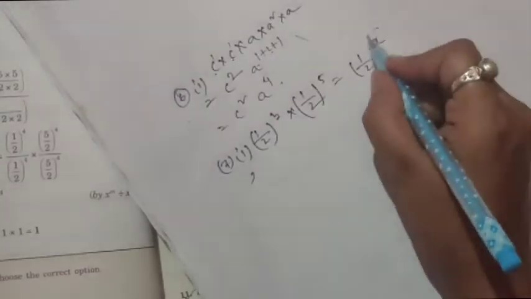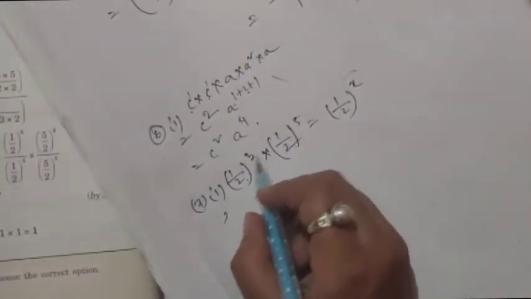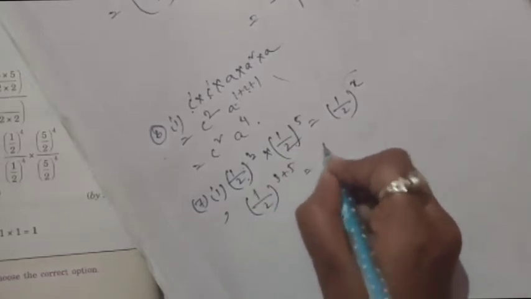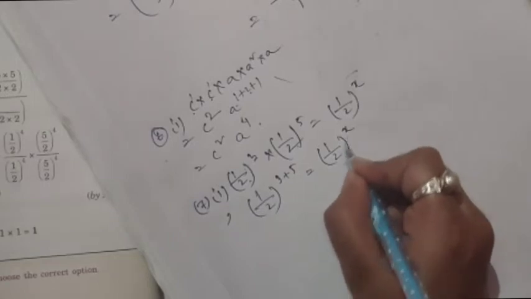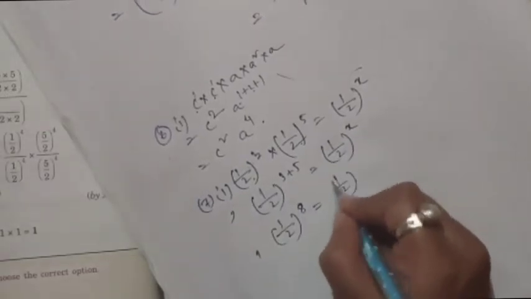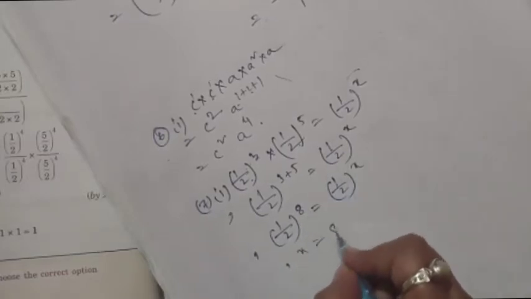So you have to find the value of x. Here the base is the same, so you have to add the powers. 3 plus 5, 1 by 2 whole to the power x. So 1 by 2 raised to the power 8, 1 by 2 raised to the power x. The value of x will be 8.